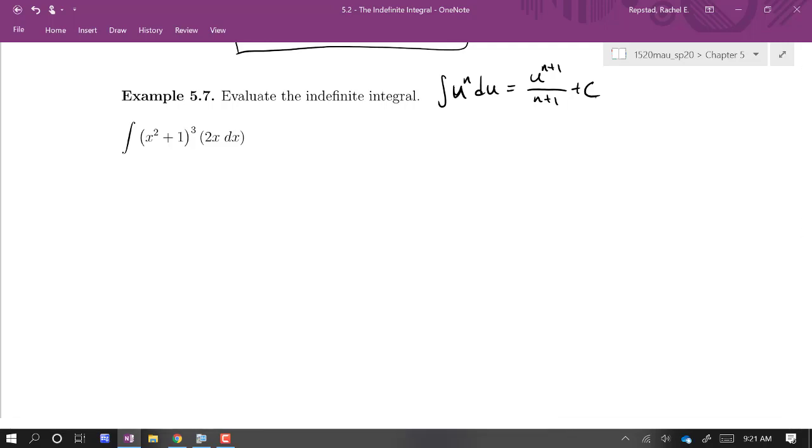This is a really important example. We call this technique u substitution. It's a way that we transform an integral that maybe looks a little complicated into one that we definitely know how to do.